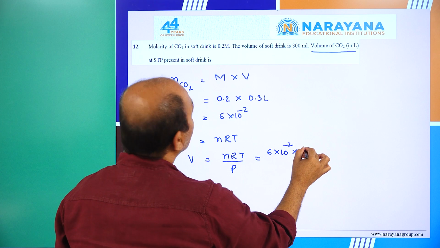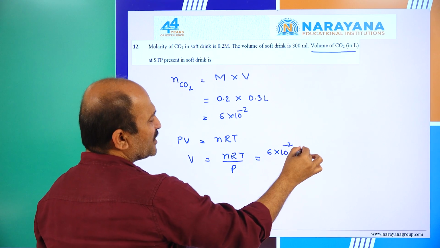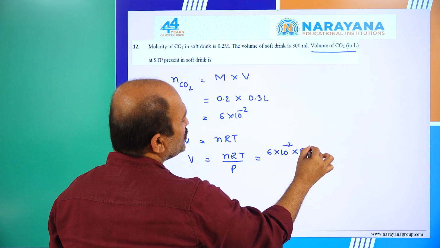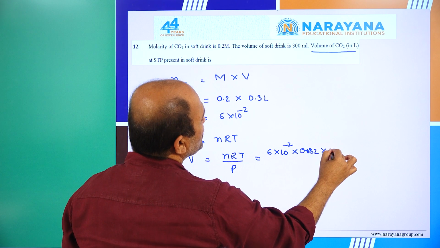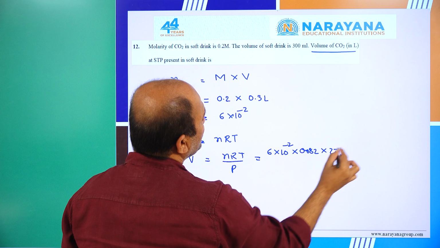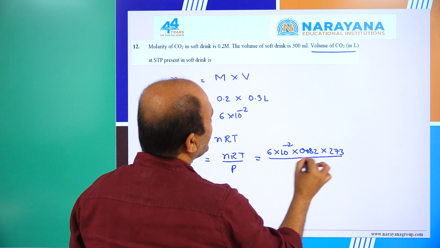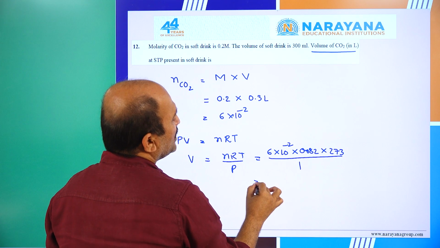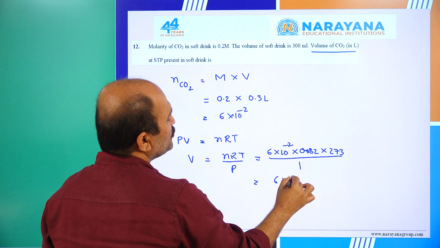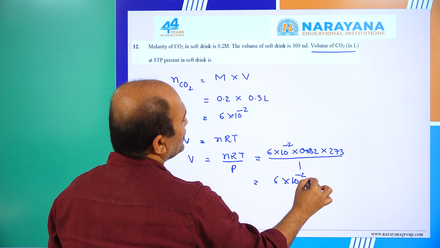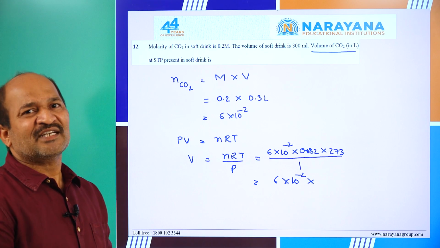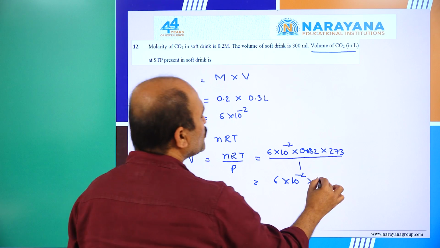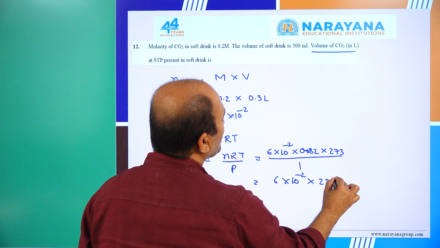Here I am taking 0.082 for STP conditions, temperature is 273 Kelvin and pressure is taken as 1 atmosphere. On simplification, 6 into 10 to the power of minus 2 into 0.082 into 273, it is equal to 22.4 approximately.